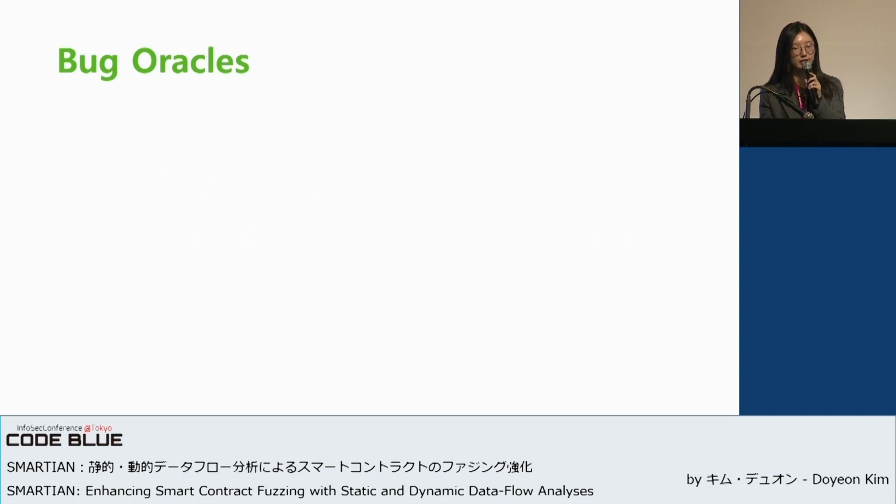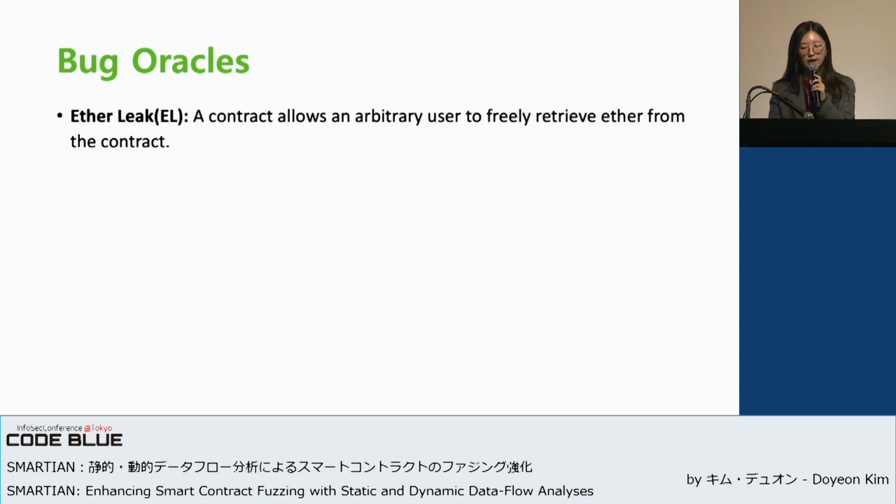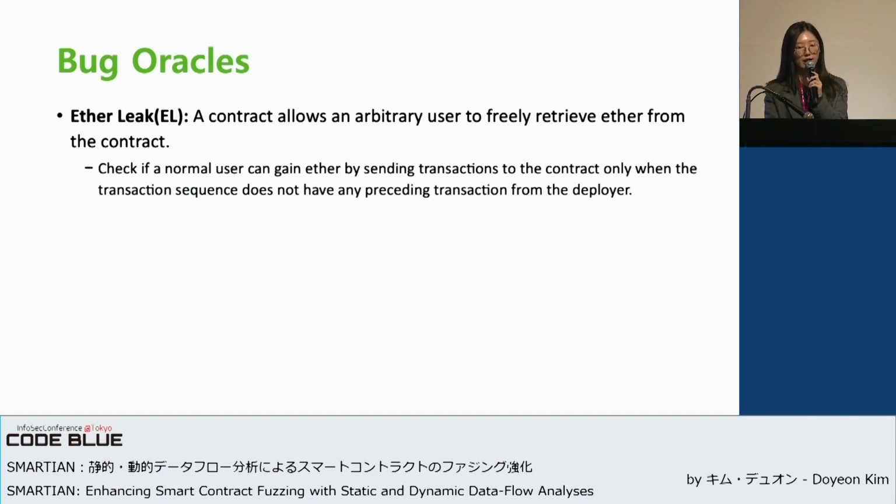Next is either leak. It occurs when a contract allows an arbitrary user to freely retrieve either from the contract. So we check if a normal user can gain either by sending a transaction to the contract, only when the transaction sequence does not have any preceding transaction from the deployer.